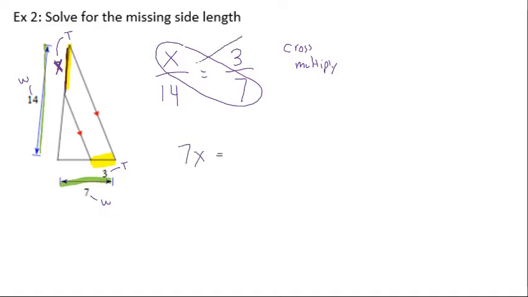And I'll take 14 times 3. That's going to give me 42. And I just divide both sides by 7. And I'm getting here x equals 6.